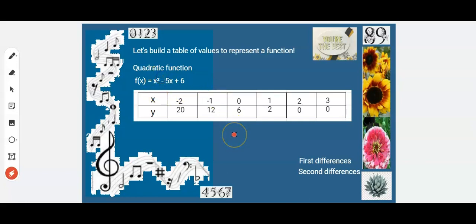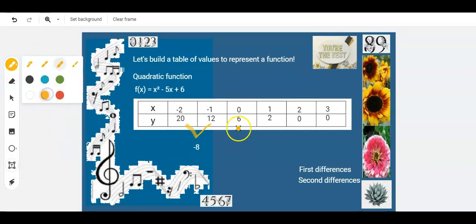Now, let's do first differences. Okay, so mag-subtract ta og duha ka nagsunod nga y values. Sugod sa right. Okay, so ang 20 ug 12 nagsunod, pero ang pag-subtract, magsugod ta sa right. Okay, magsugod sa 12. So, 12 minus 20 is negative 8.